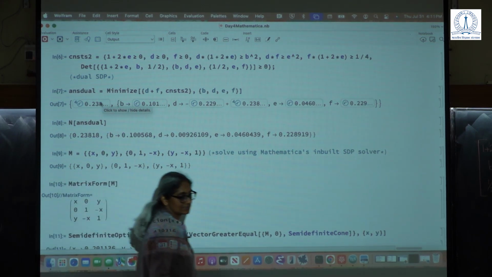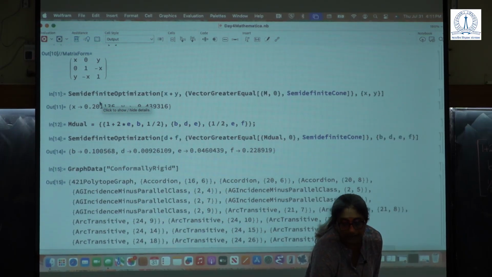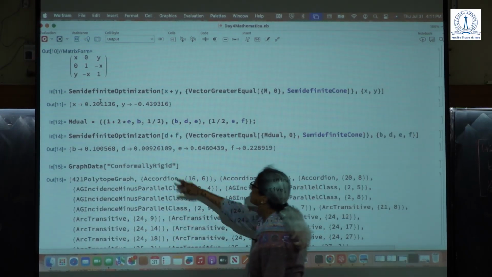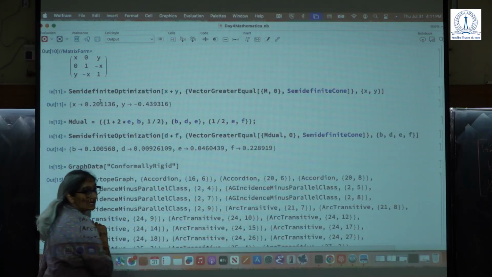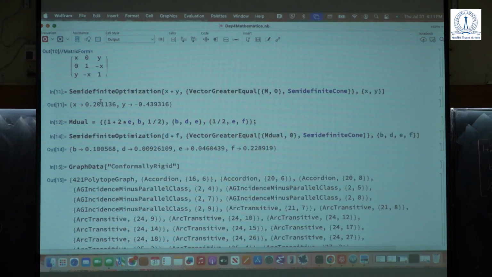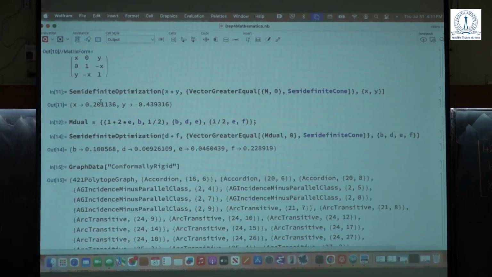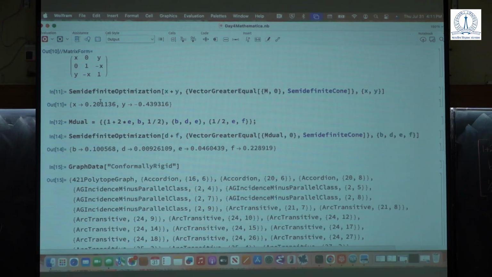And then after I enter the matrix, I'm solving the primal, I ask it to do semi-definite optimization, x plus y, that is my objective, right? For the primal, the objective was x plus y, so you see in line 11, I have a command called semi-definite optimization. It's going to now recognize that this is an SDP.